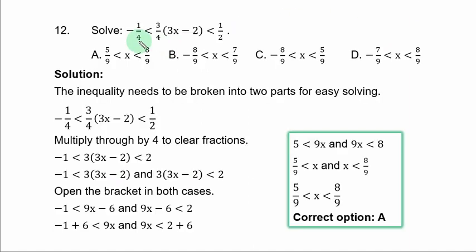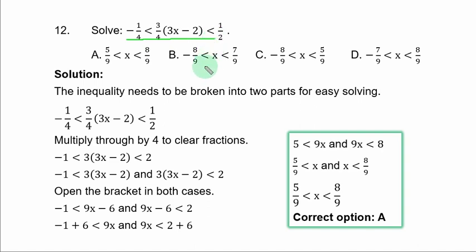Question 12. Solve minus 1 over 4 less than 3 over 4 bracket open 3s minus 2 bracket close less than 1 over 2. You cannot obtain a direct solution here.